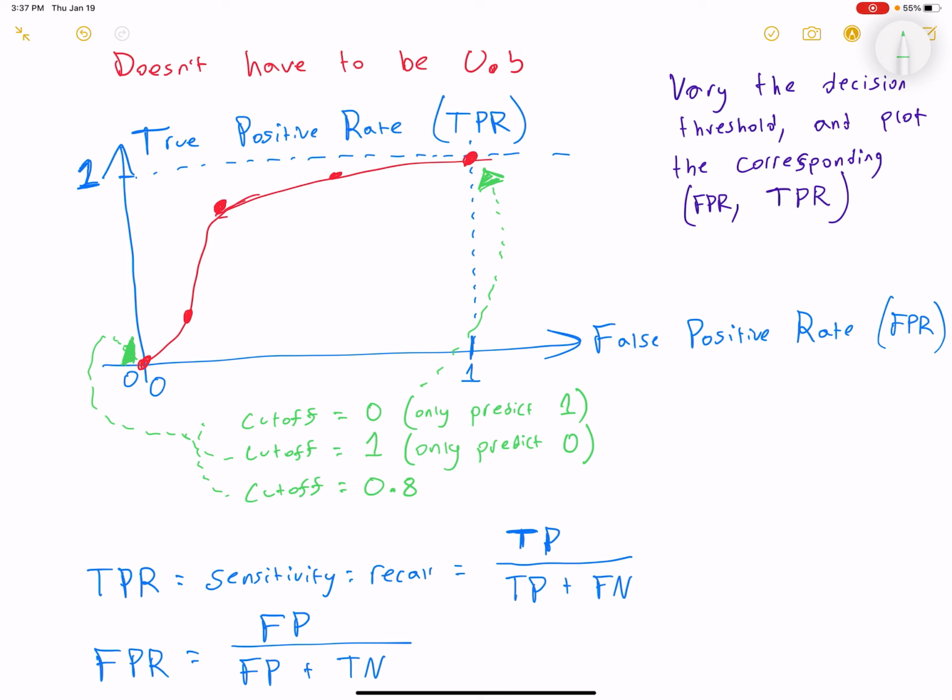So when the cutoff is 0.8, we're predicting mostly zeros. And because of that, the false positive rate will be a little bit lower. And ideally, the true positive rate will maintain its highness, but in practice, that doesn't happen. So that might correspond to here. And using the same logic, but for a low threshold near 0, that might correspond to this point.